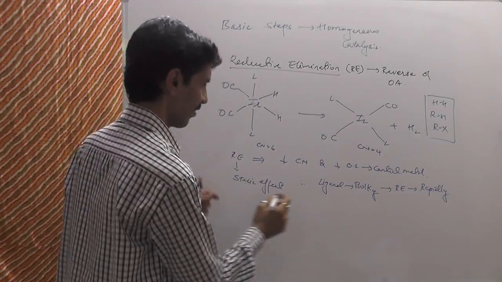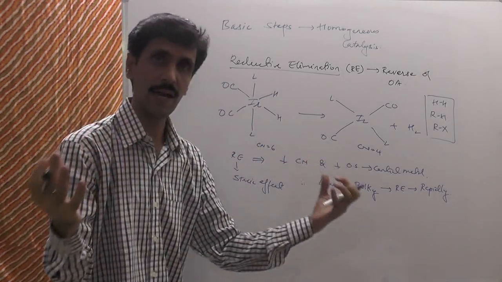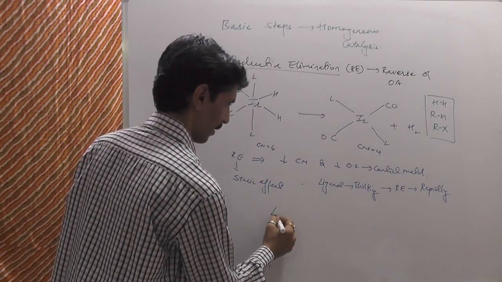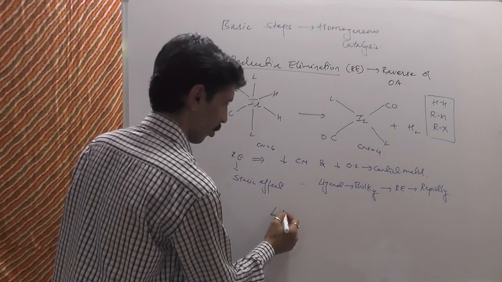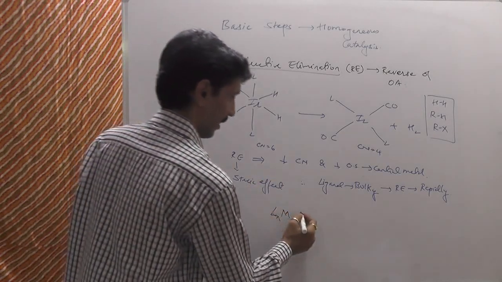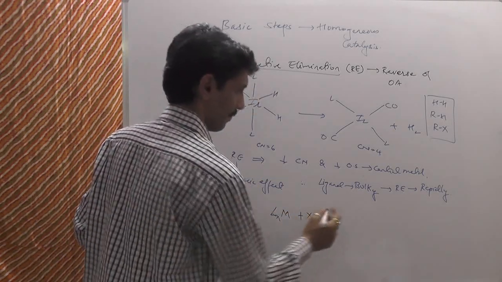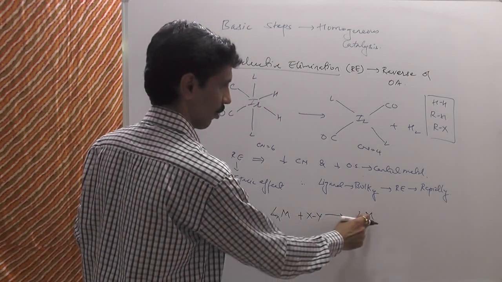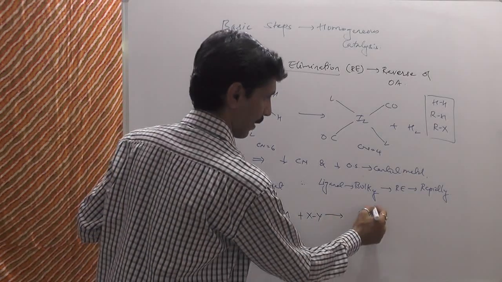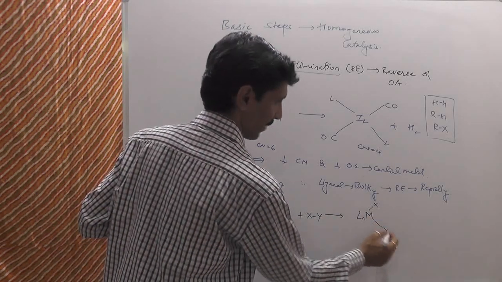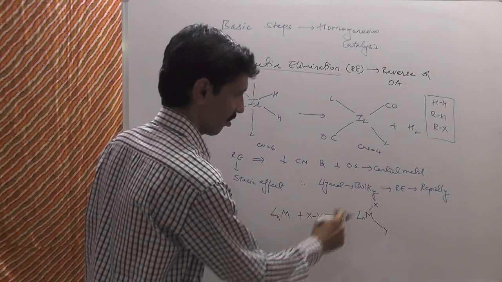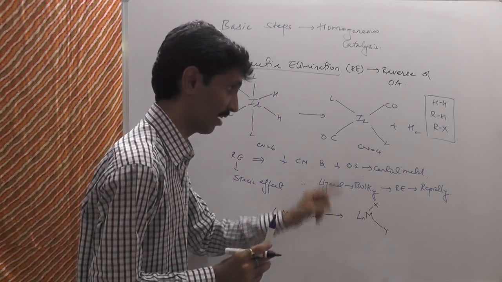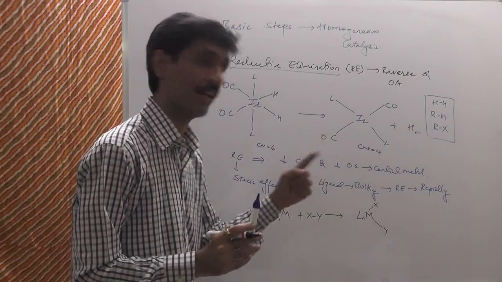Alright, now if I represent this entire part, I'm going to combine both the steps I have explained. Say n number of ligands are coordinated to the central metal, and then I get another group, X-Y, and it results in LnM, that is the number of ligands attached with M. Now there is an attachment of X as well as Y. This results in an increase in the oxidation state of the metal as well as an increase in the coordination number of the metal.